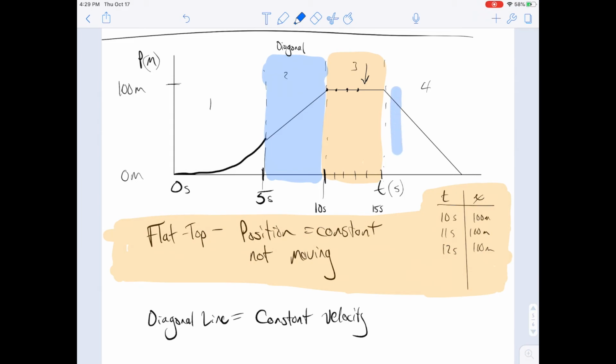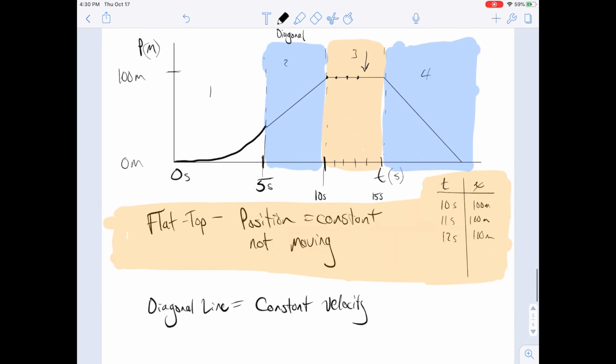Similarly, this is a constant velocity too. This is also constant velocity. It just happens to be constant velocity going down, going in the negative direction. We had a sleeper agent, a secret mission of a student who ran backwards when we ran the race. This is that example. We're starting at 100 meters, and as time passes, we're coming back towards 0 meters.